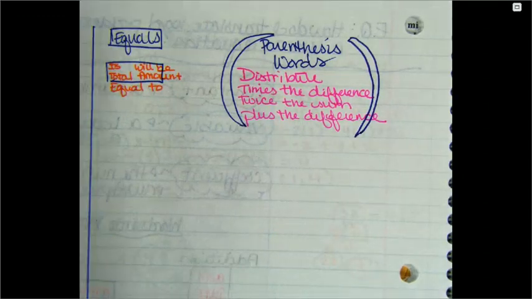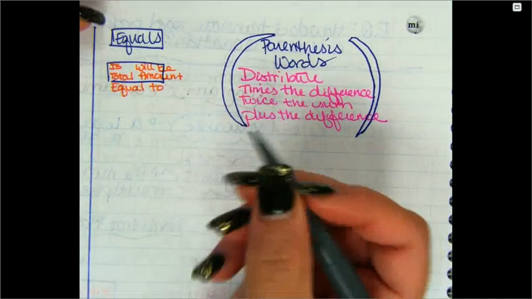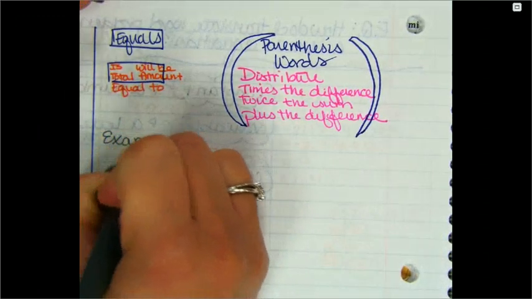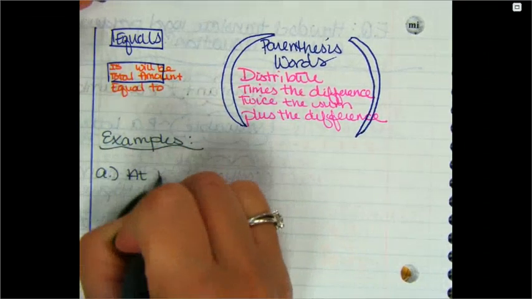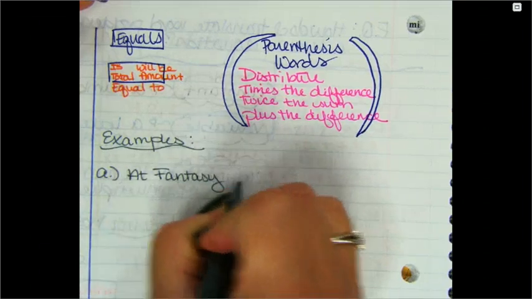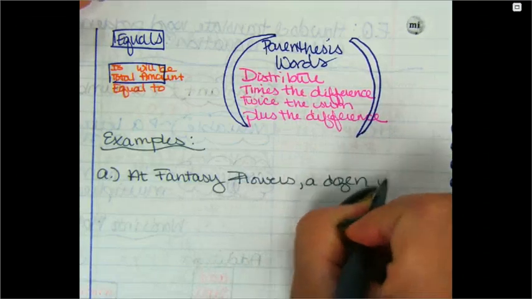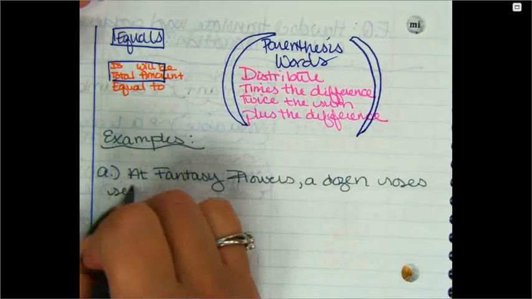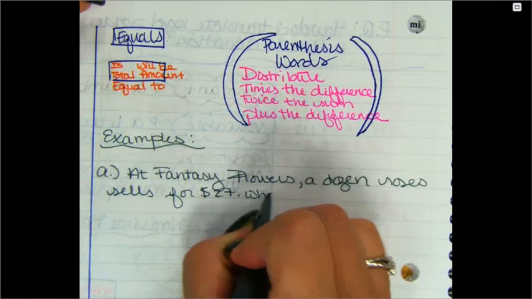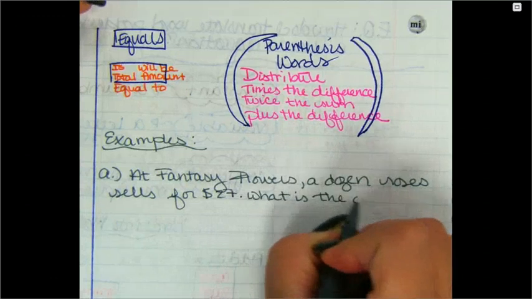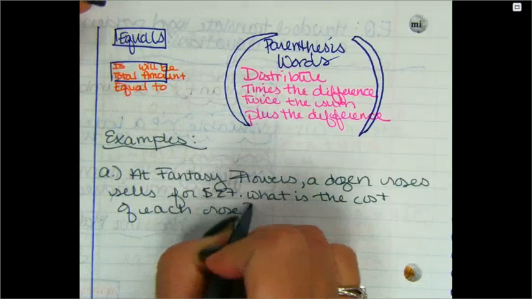Good? All right, let's do examples. So at Fantasy Flowers, a dozen roses sells for $27. What is the cost of each rose? You woke up, Jaime?